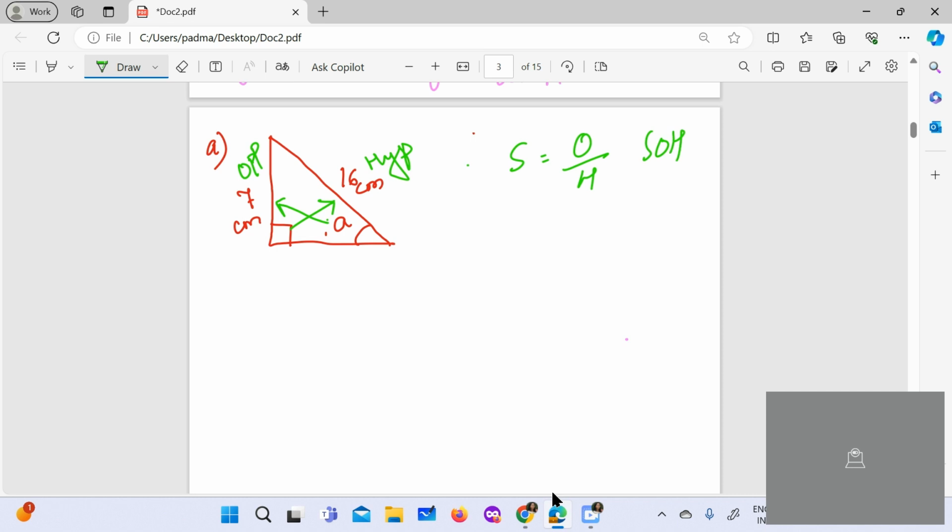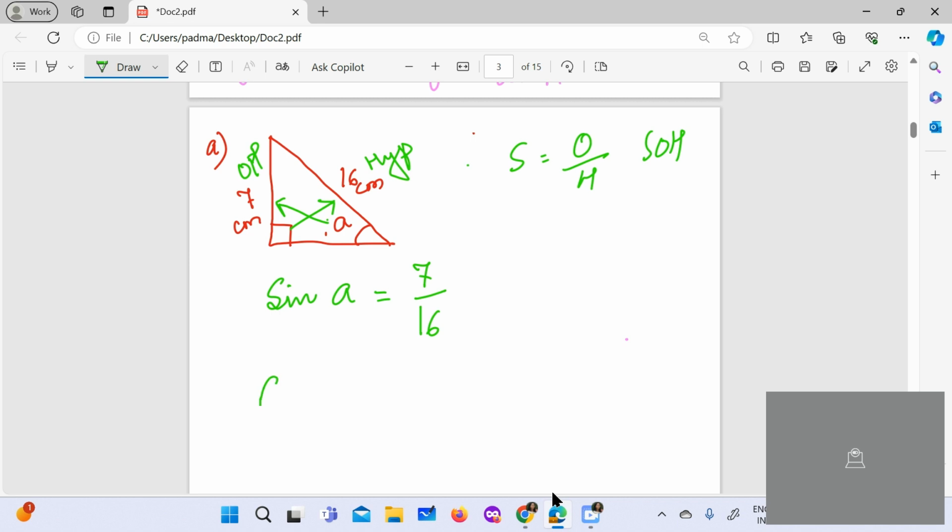So we can write sine A, because this is what we have to figure out, is equal to opposite upon hypotenuse. So opposite is 7 and hypotenuse is 16. Now we can cross multiply. Or no, we don't have to cross multiply. Simply we can figure it out from here.